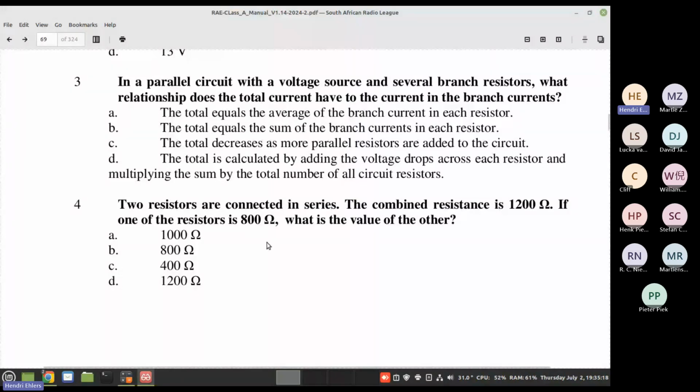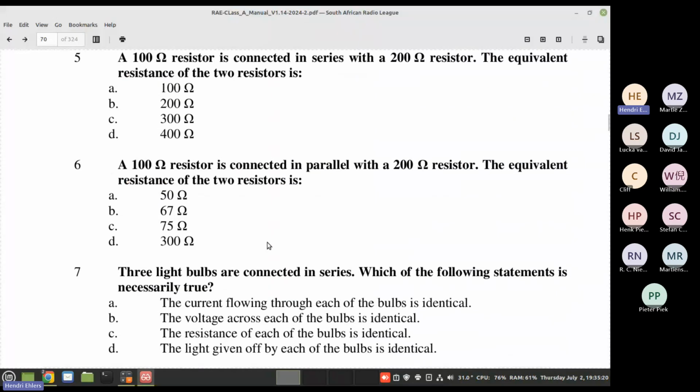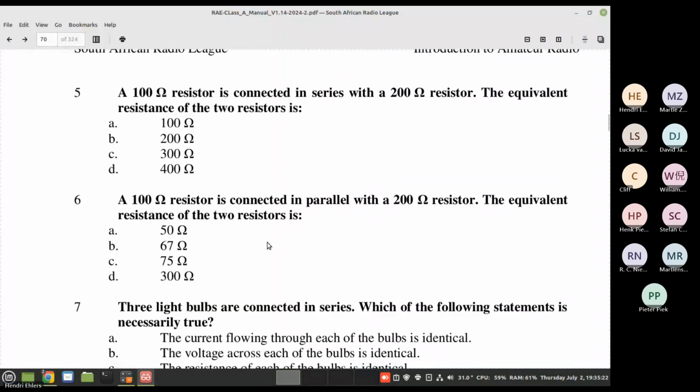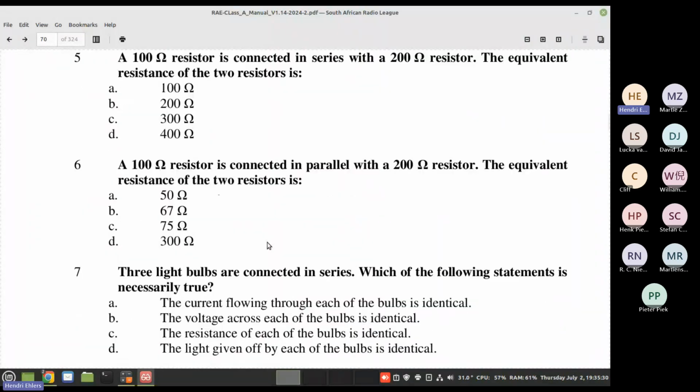All right, let me change to that page. That will help. A 100 ohm resistor is connected in series with a 200 ohm resistor. The equivalent resistance of the two resistors is. 300. That is correct, Charlie.